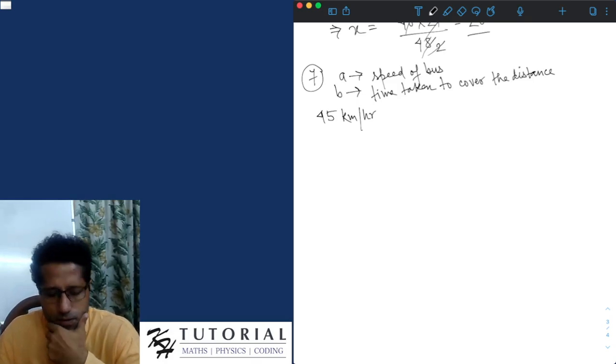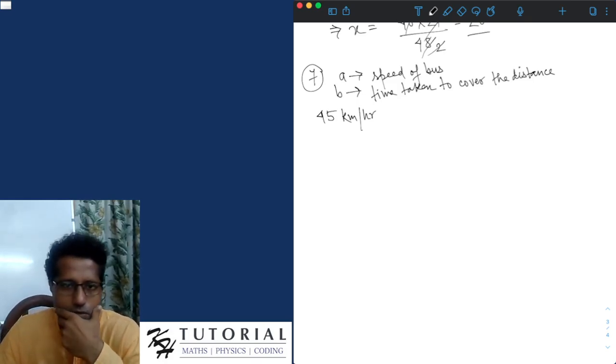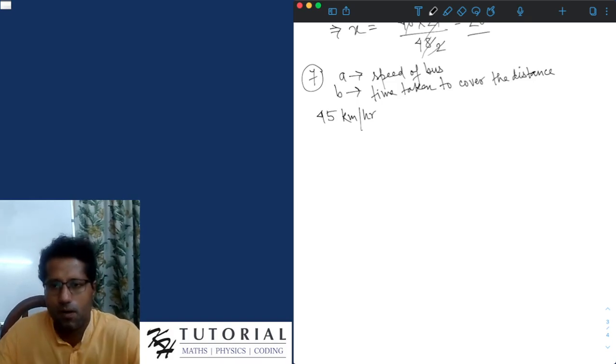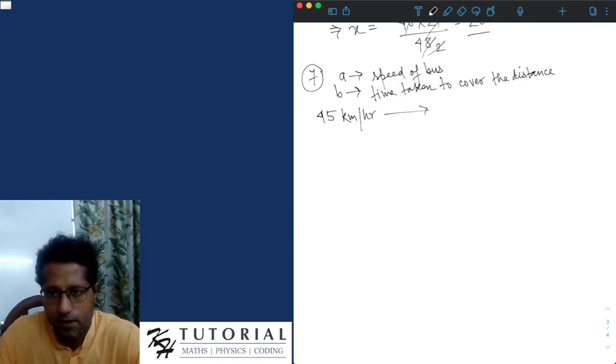Average speed also means the uniform speed. So its speed is constant, that is, it is always running at a speed of 45 kilometer per hour. So when the speed is 45 kilometer per hour, the time taken to cover a certain distance is 3 hours 20 minutes.